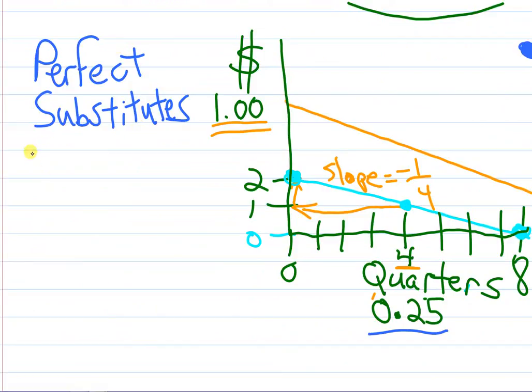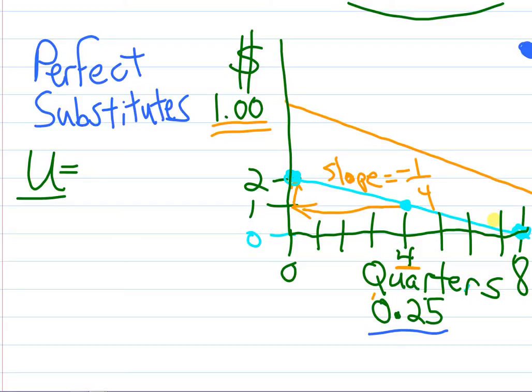Utility equals, and this is important for perfect substitutes because almost everyone gets this kind of thing wrong the first time they do it, including me. I'm not trying to say that I'm perfect, but think about the perfect substitutes. Think about what kind of utility function could generate indifference curves for dollars versus quarters.